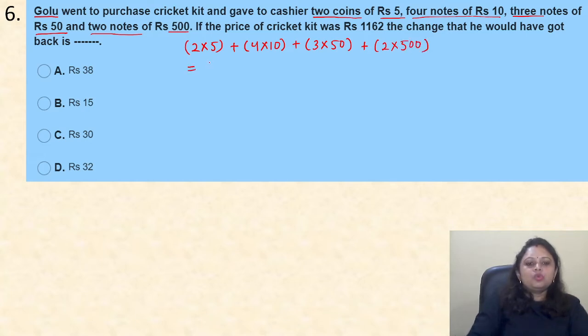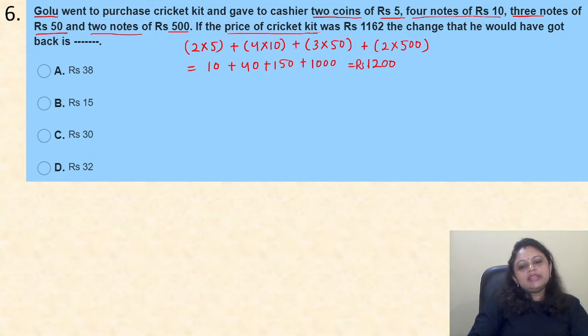Okay, so it will be 10 plus 40 plus 150 plus 1000. Okay, so when we add it, it is 1200 rupees. Now the price of the cricket kit was rupees 1162.